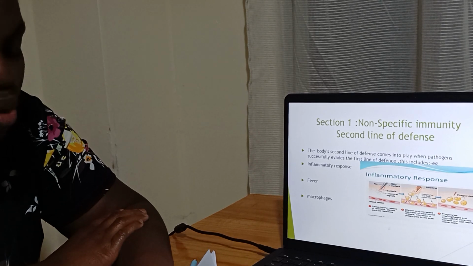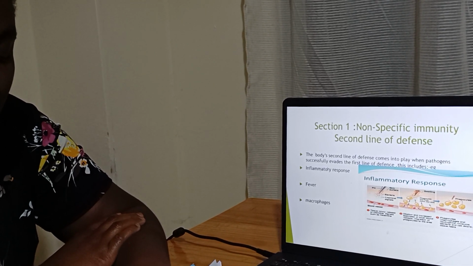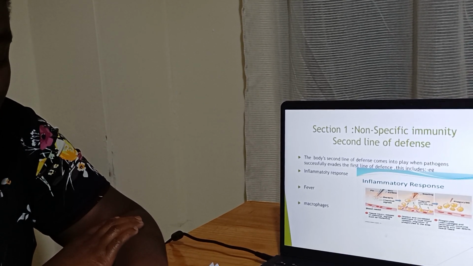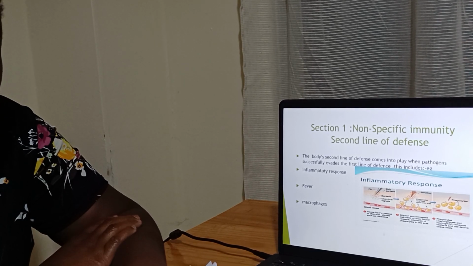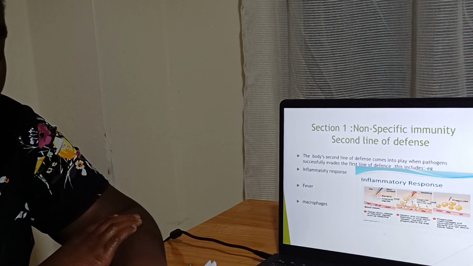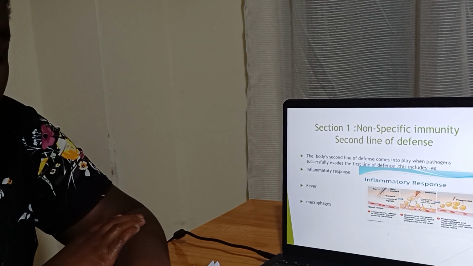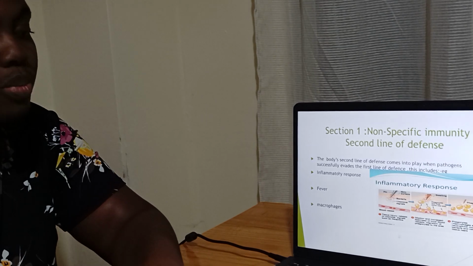And then another immune response is fever. So when there is an invasion of pathogens, the immune system may release substances that raise the body temperature, causing fever. Now, the elevated body temperature can inhibit the growth of pathogens and boost the immune system response to the infection.